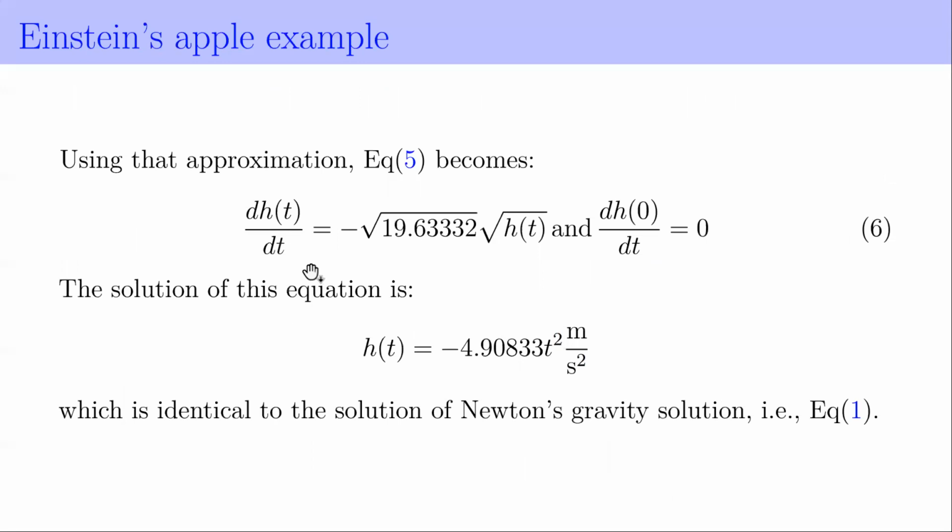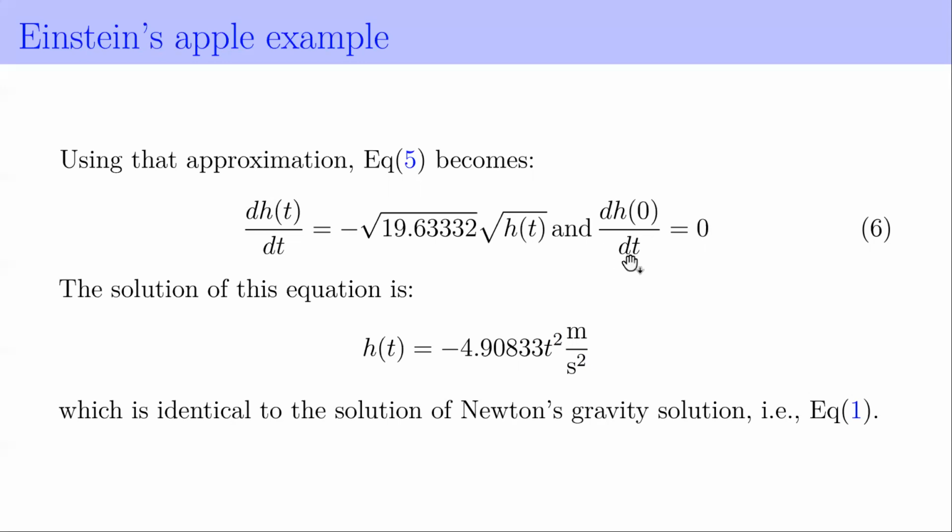So taking the square roots, we have dh d tau, and using t is approximately tau, we get the equation dh dt is the square root of this, which is about 4.9, times the square root of h t.